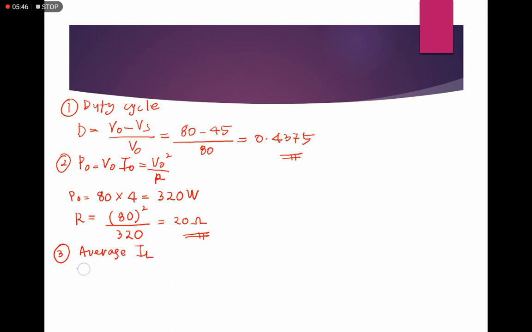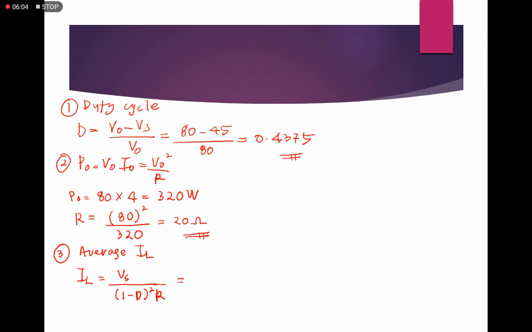Okay, so based on the given equation that we did just now, IL will be equal to Vs over (1 minus t) to the power of 2 multiplied by R. You have all the values of the parameters, so you can just substitute.